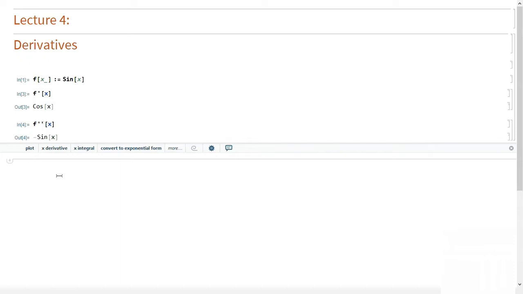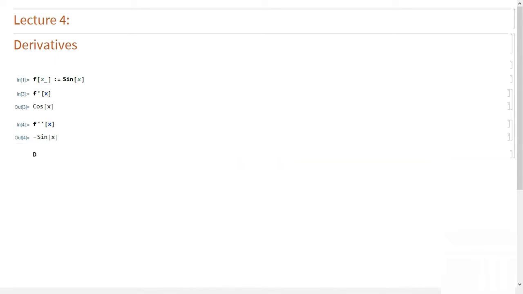So there's another command to evaluate derivatives, and that command will work for not only single variable functions but also multivariable functions, and that command is D. You just type capital D, put a bracket, and if you put your cursor over here, you can see that this will give the partial derivative del f by del x.